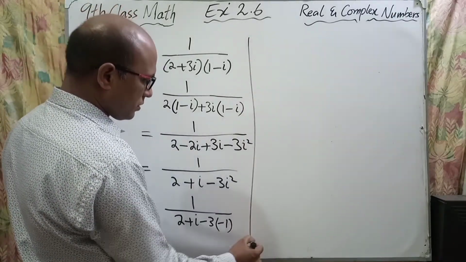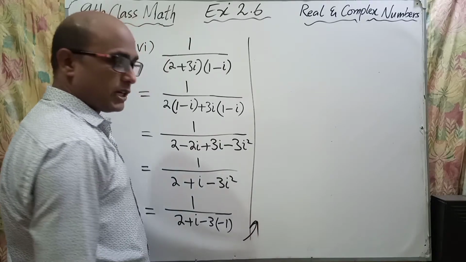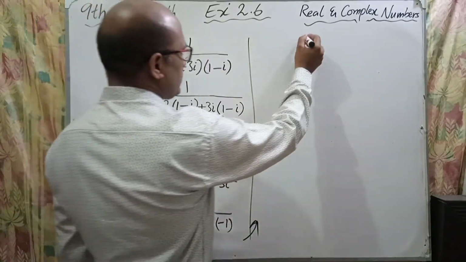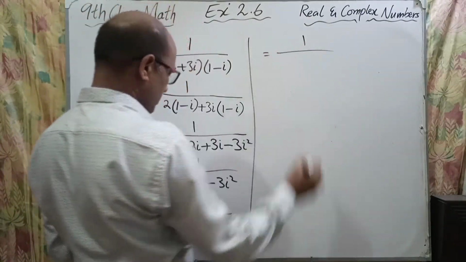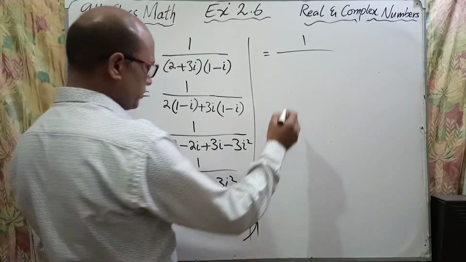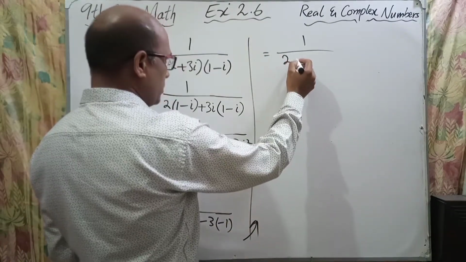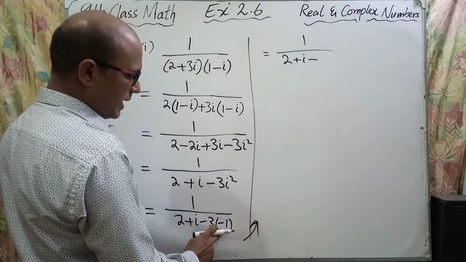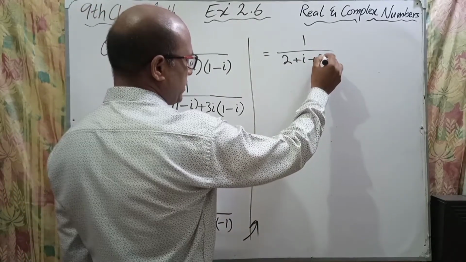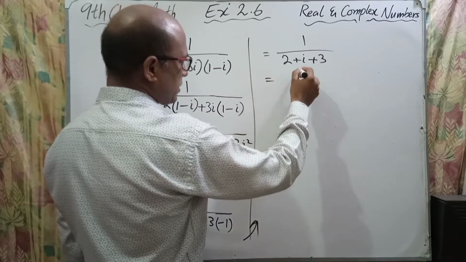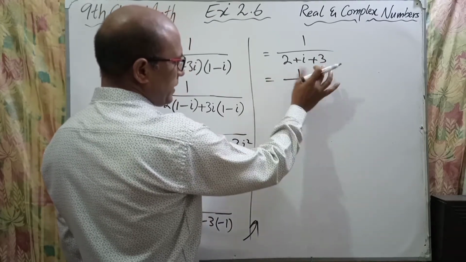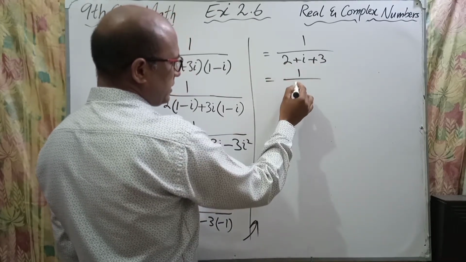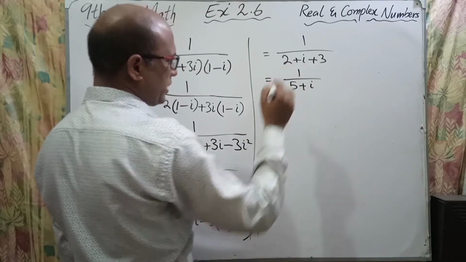and let's do it on the other side of the whiteboard. 1 over, with equal sign, 2 plus iota minus minus plus 3 ones are 3. 1 over, these two will be added, we will get 5 plus iota.